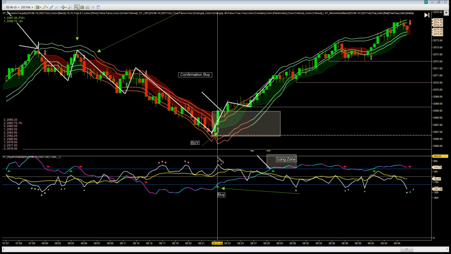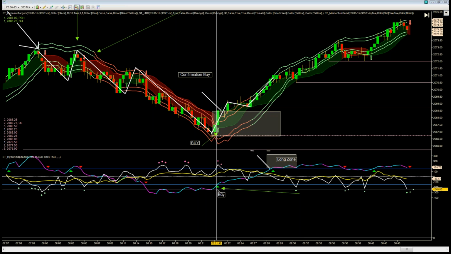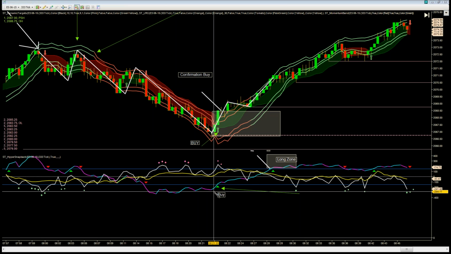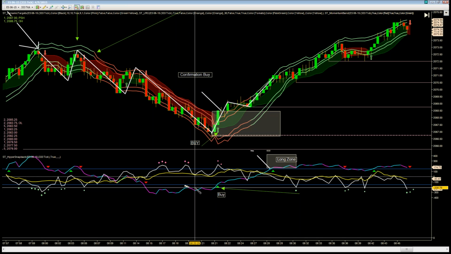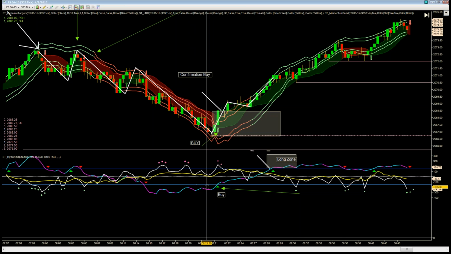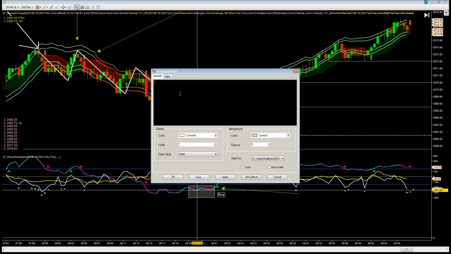So what you definitely want, if you just have the hyper snapback telling you that it's coming out of the sell zone, which I'll actually mark off for you right here, that would be below, so in this area here, this is the sell zone.